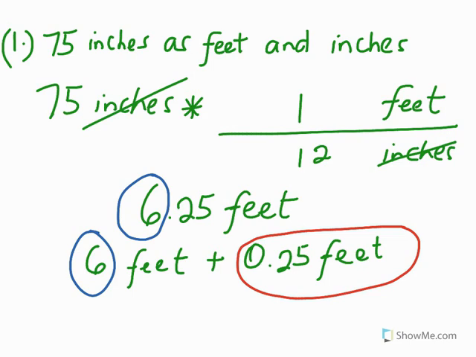So that is the first method. I know it requires more time, but to be honest with you, it is very, very efficient and reliable. So let's go ahead and change 0.25 feet to inches.